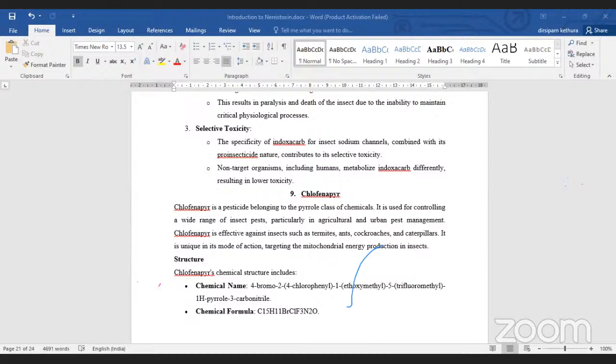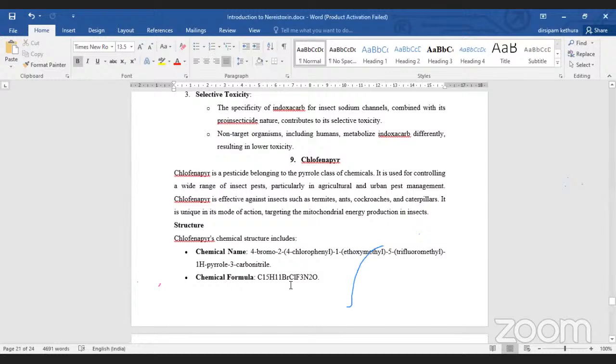We have studied the structure and the mode of action, where indoxacarb blocks the voltage-gated sodium channel present in the central nervous system of insects, after it gets converted into the active metabolite, which leads to paralysis and death of the organism by damaging the nerve signal. This is about indoxacarb.